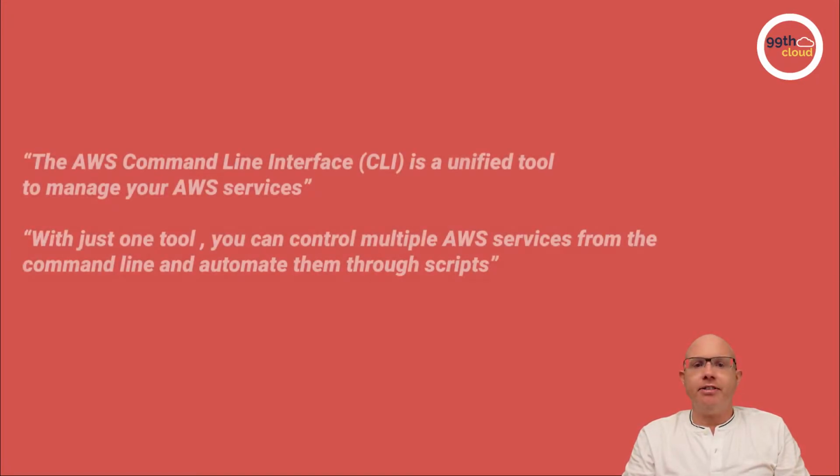Okay, so what is the AWS CLI and what can we use it for? The AWS CLI is a unified tool to manage AWS services through command line commands. So it's basically the command line equivalent to the web console over which you can administrate your services.